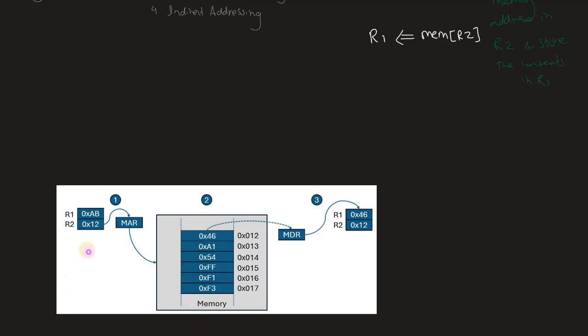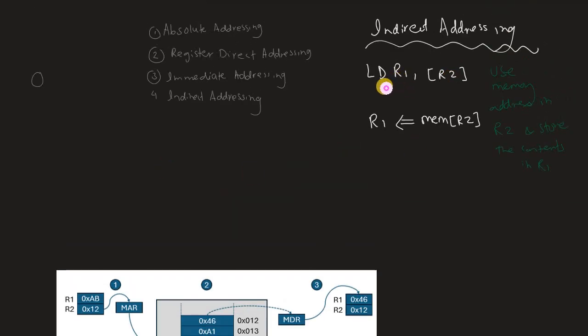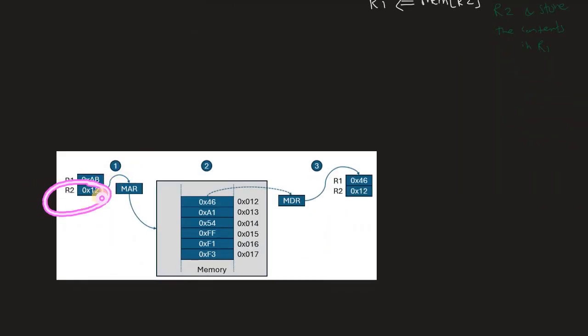this is the visual representation of what's happening when you do the memory of R2 and load it into R1. We have the register R2, and the memory address is stored into the MAR. Why MAR? Like I explained in my previous videos, MAR is used to store the address you want to access. So it stores the address of R2, and then the address is read into the memory. Once it's read, the content is stored into MDR, because MDR can read and write.